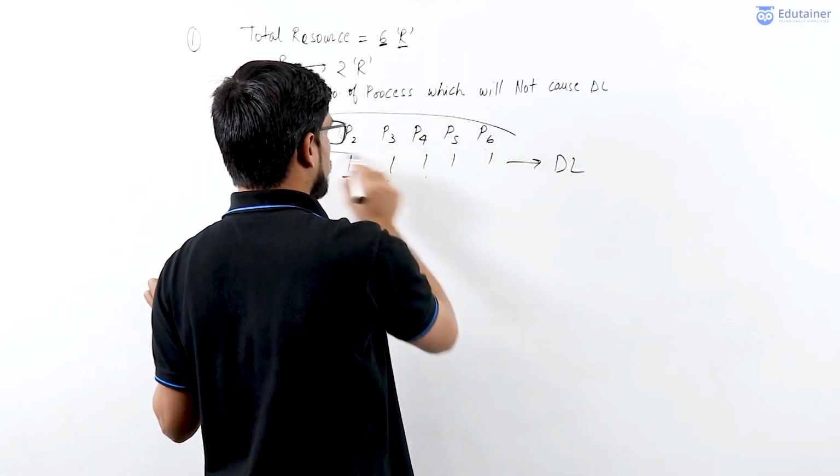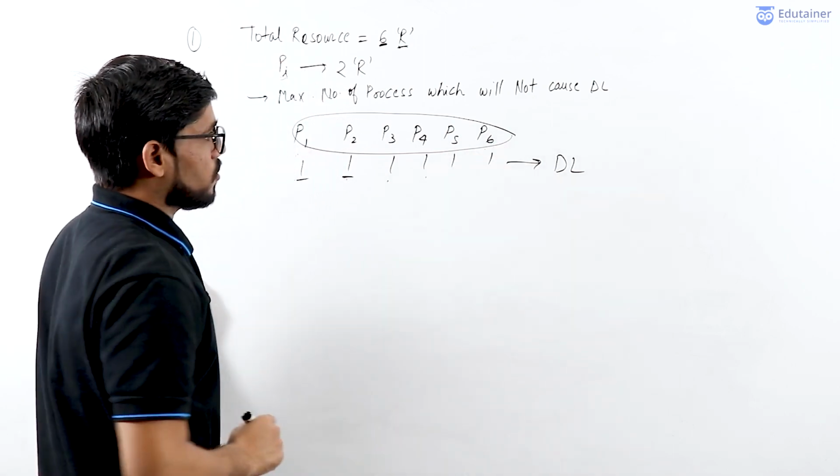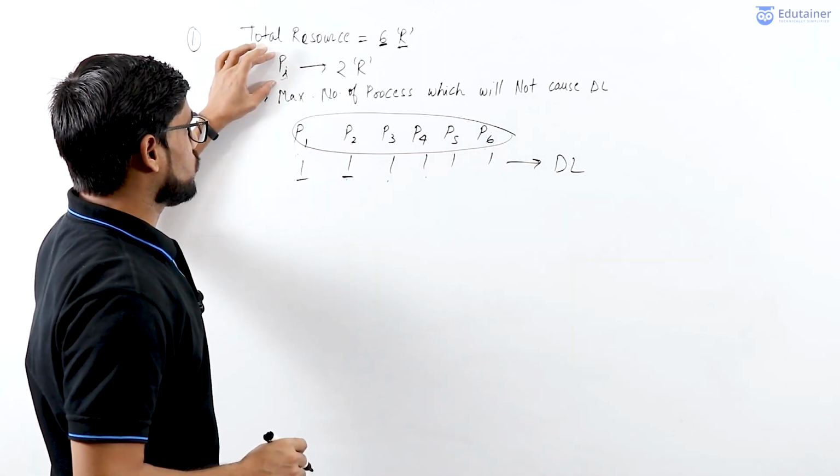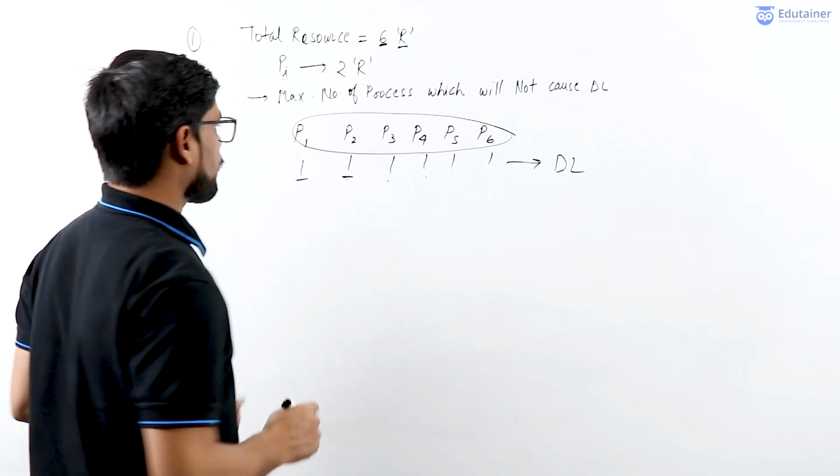If we have 6 processes, deadlock definitely occurs because each process requires 2 instances of R.